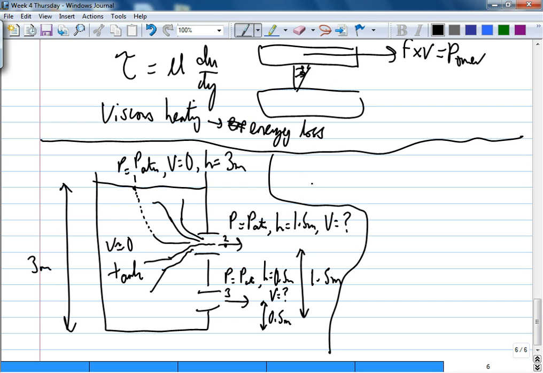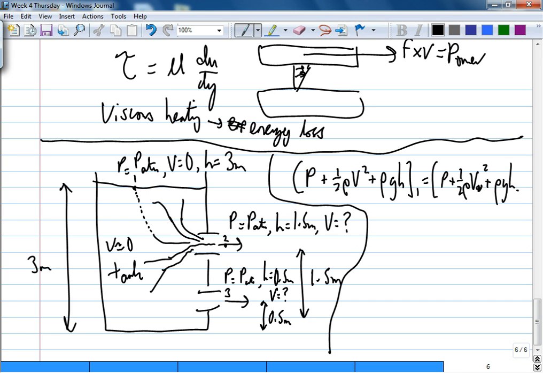Bernoulli equation: P plus half rho V squared plus rho G H for point 1 equals the same thing, P plus half rho V squared plus rho G H for point 2. So that's the setup.